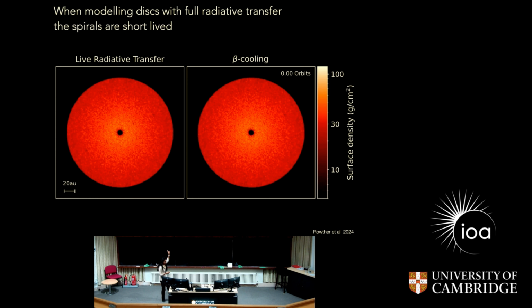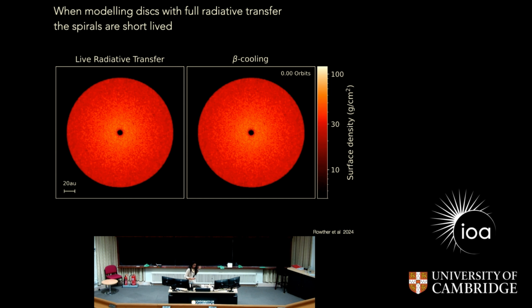On the left-hand side, what you'll see is this live radiative transfer, where we're attempting to model the disk with radiative transfer in a lot of detail. And he's compared it to the right-hand side, which is what we call beta cooling. This is a cooling method that has been used a lot in the past, myself included.